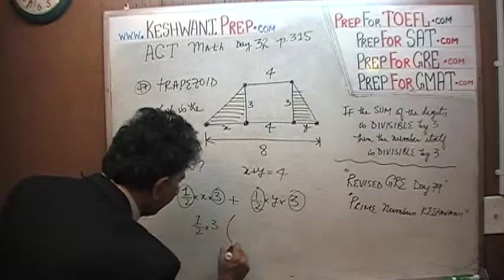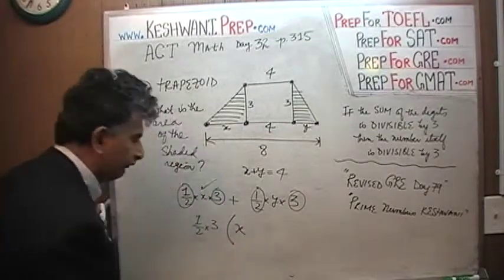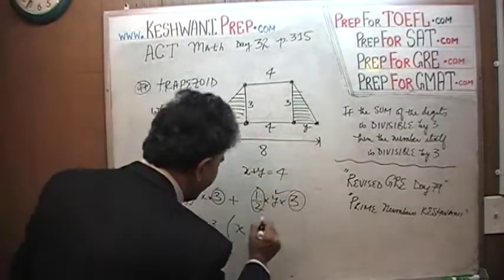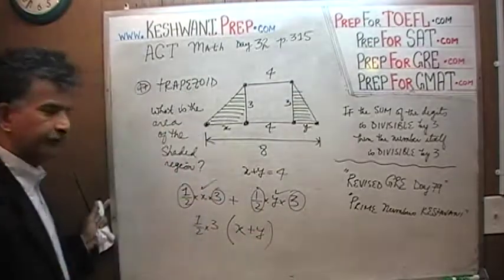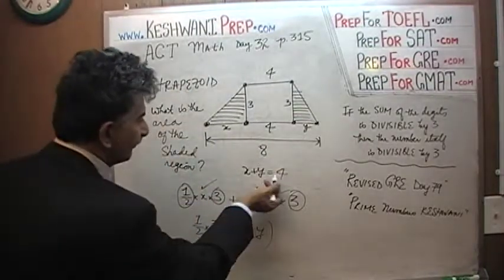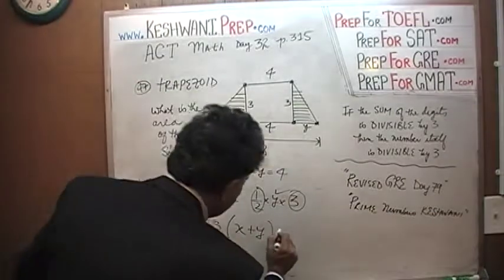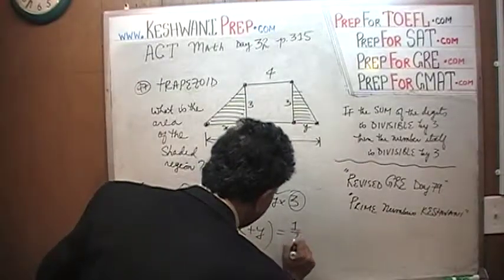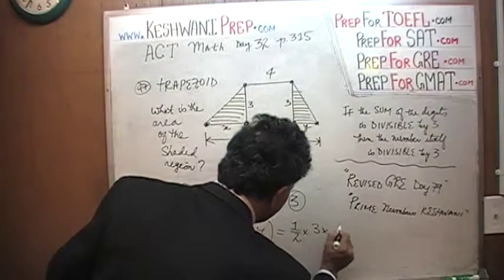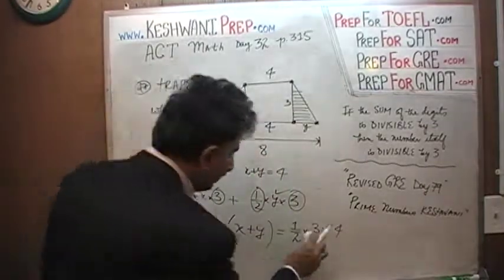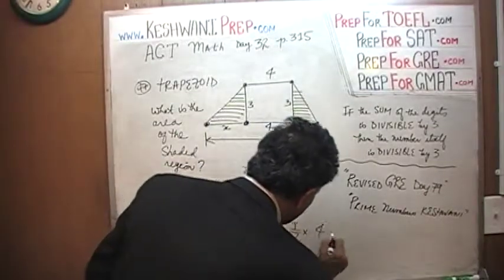Once we take out the common factor, we are left with x from the first term and y from the second term. And of course we know x plus y is 4. That's it, we are done. So it's 1/2 times 3 times 4, or if you like, we can write this as 1/2 times 4 times 3.